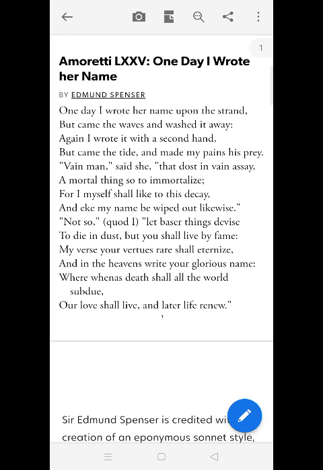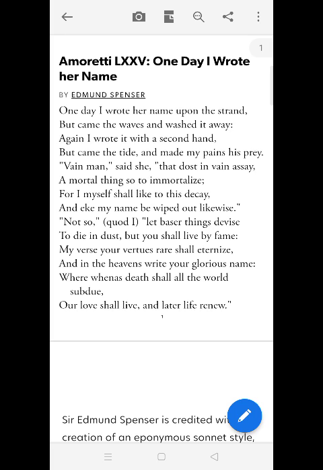She is denoting that the speaker's beloved tells him not to attempt these kind of impossible things, because that is to write her name on the beach, on sand. She in a way reminds the speaker that nothing on the earth remains forever. I myself shall lie to this decay, that nothing on the earth remains forever. Not only her name, but also she herself will one day vanish from the shore of life.